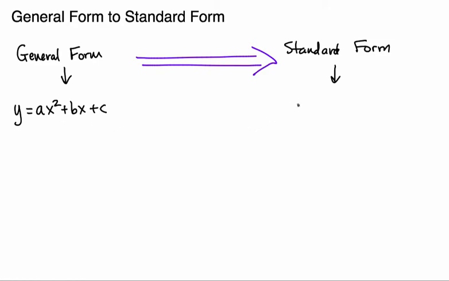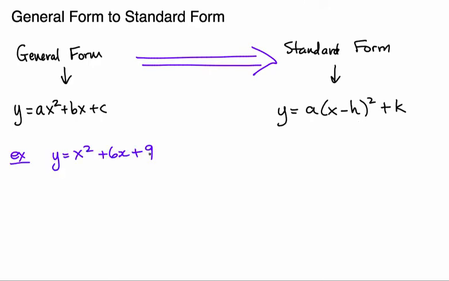I can see that a lot better if I could somehow transform this equation into a standard form equation, which looks like y equals a times (x minus h) squared plus k, where we can quickly see the vertex (h, k) and that a value as well, though the a value is actually the same in both. So sometimes this is easy and sometimes it actually gets quite difficult to do. But let's work through a few examples and see how it goes.